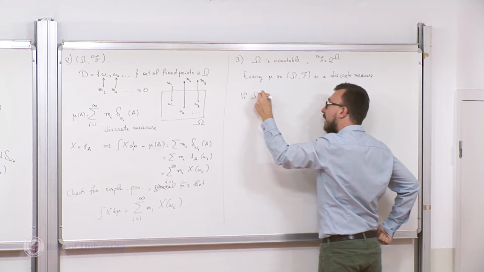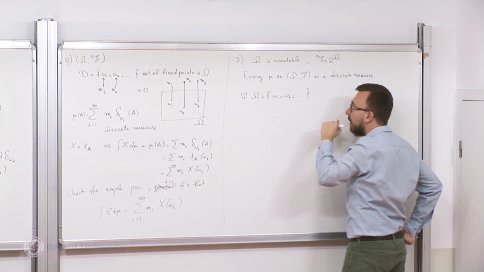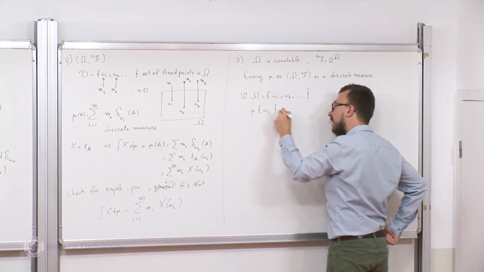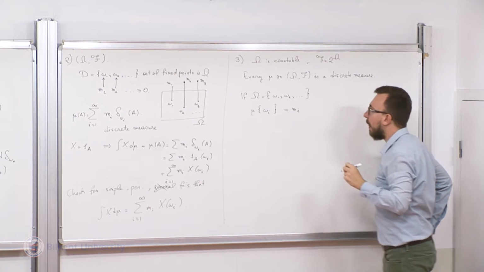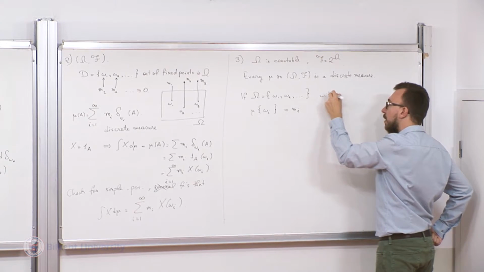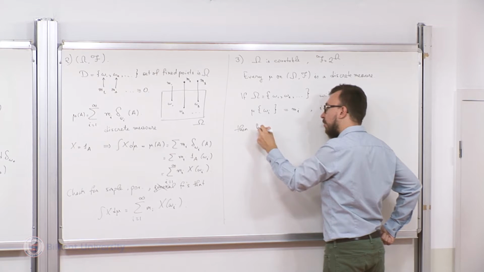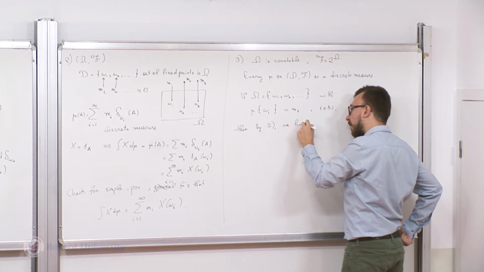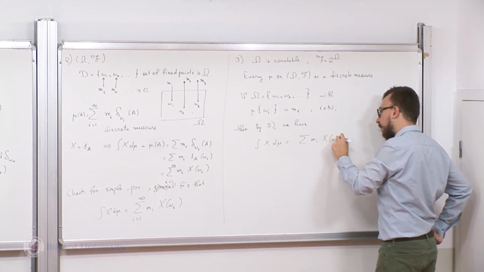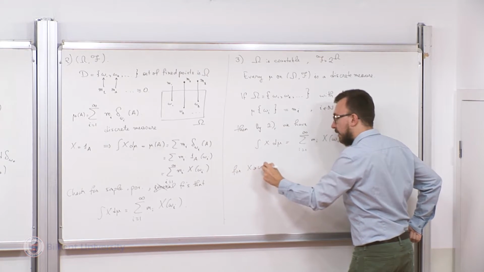So if omega is equal to omega 1, omega 2, etc., and the mu assigned to omega i is mi, then by 2 we have the integral of x d mu equals the sum of mi x of omega i for all x positive.